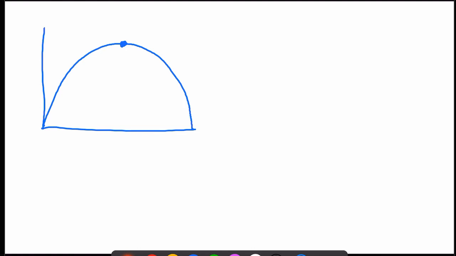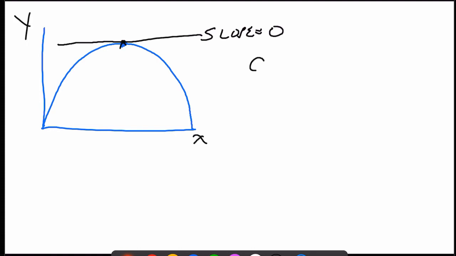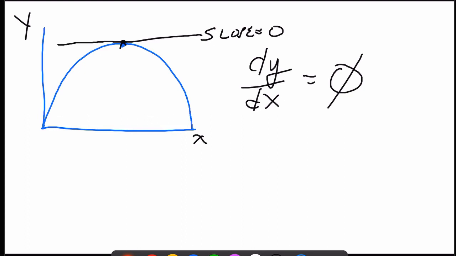Well, if I draw a tangent at that point, the slope is 0. All right? And again, this is x and this is y. What that means is dy/dx at that point is 0. The optimal point, the slope of the line is 0.